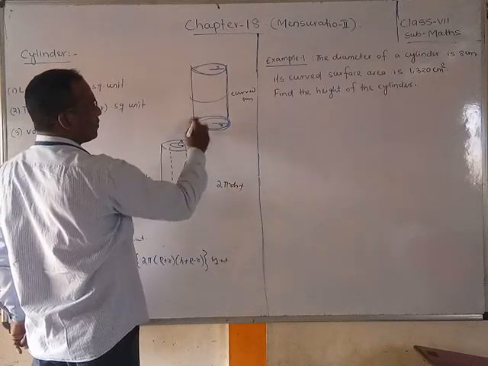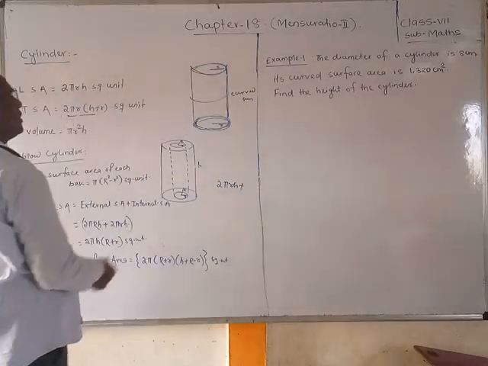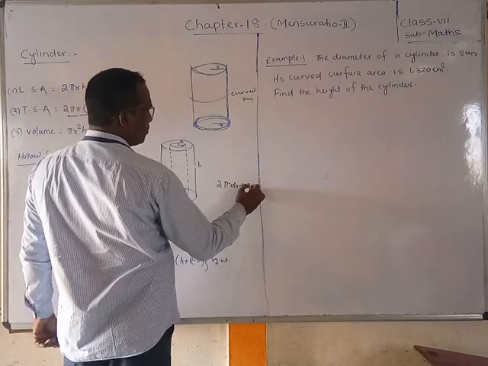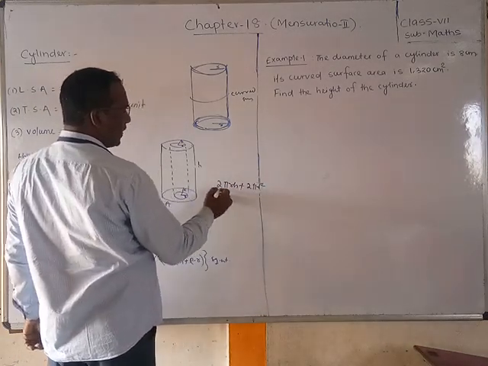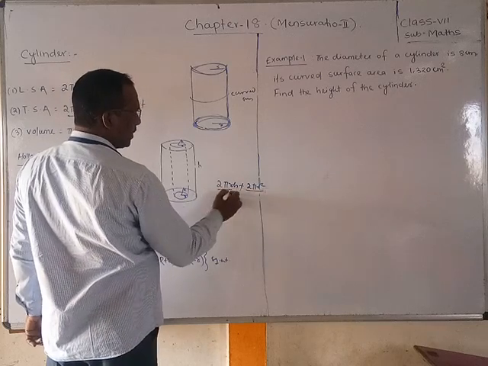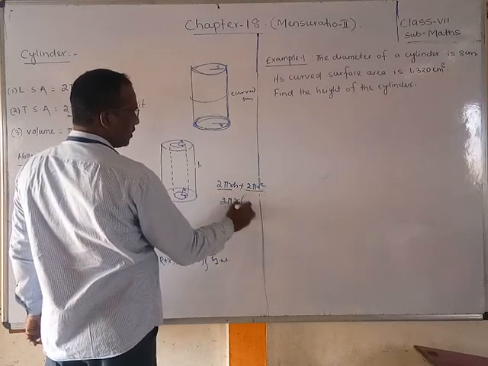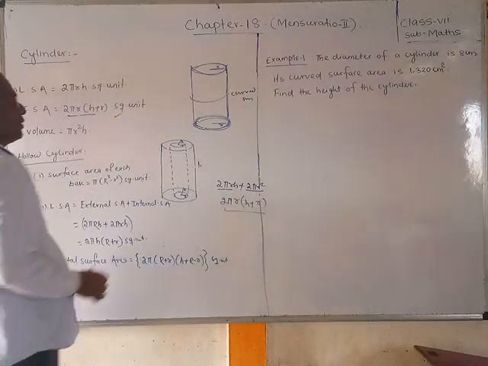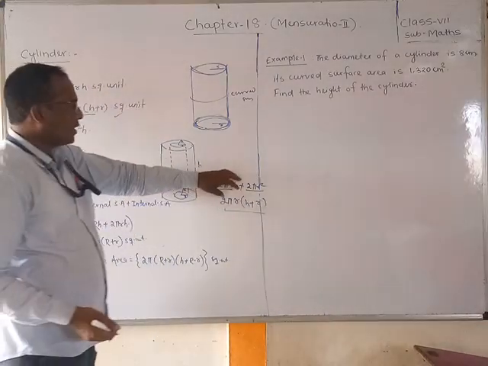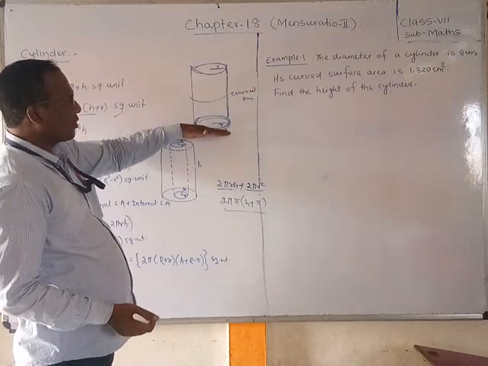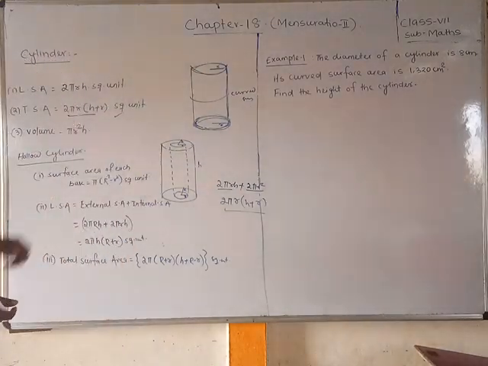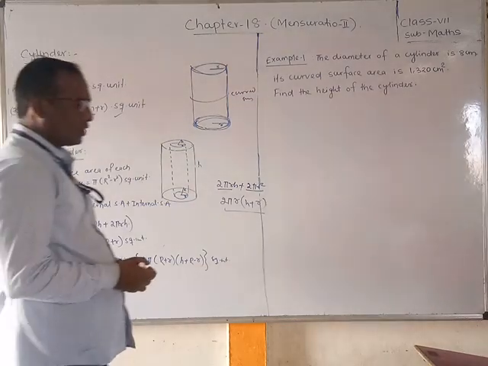Plus the bases, this is pi r square, and that is also pi r square, so we get 2 pi r square. If we take 2 pi r common, here it will be h, here will be r, so h plus r. So the curved surface area plus the area of the base and the area of the top is the total surface area. That's why we get 2 pi r times h plus r.